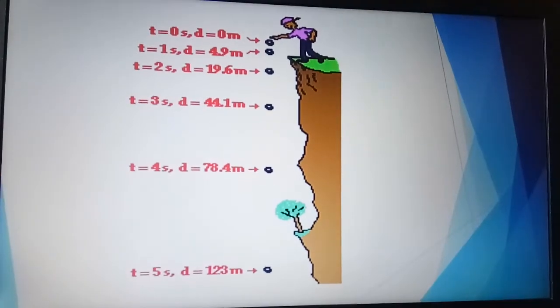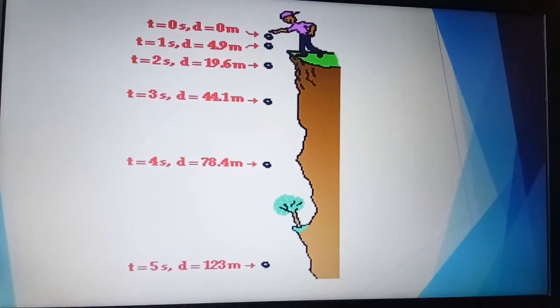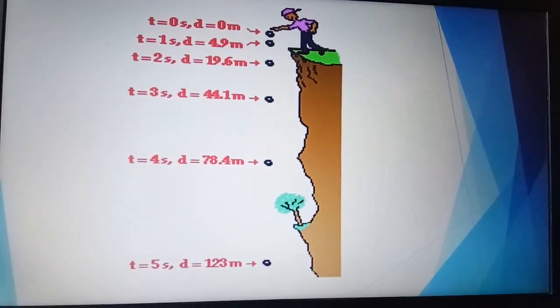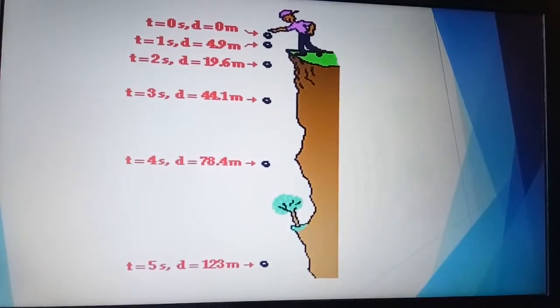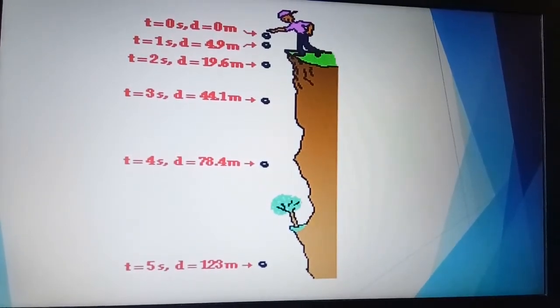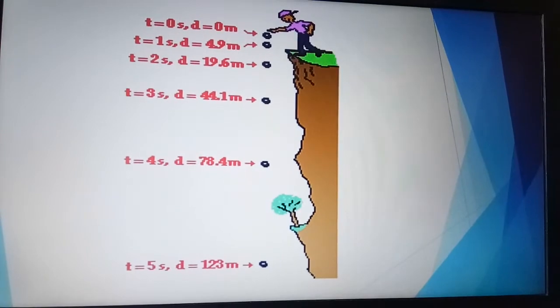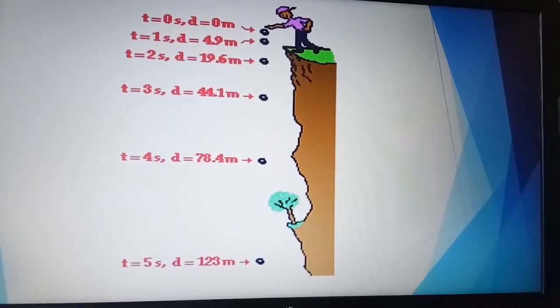Now look at this. This is the calculation of the distance covered when an object is dropped from a certain height. At t equal to 0, d is taken to be 0. At t equal to 1, half into g, g is 9.8, so it becomes 4.9.